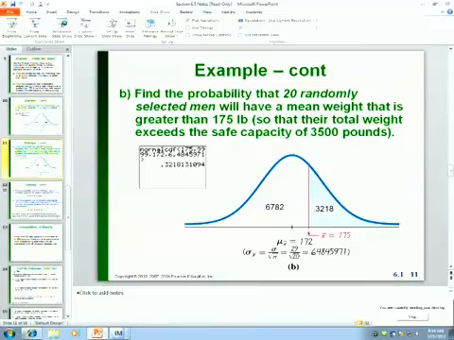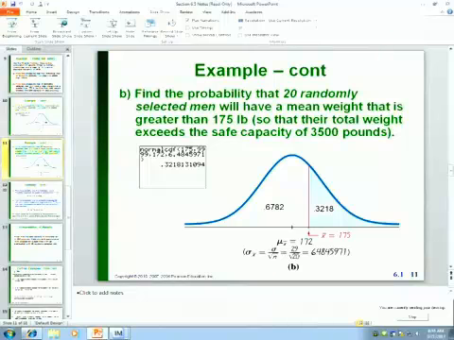9,999. I still say the mean weight of men is 172, but I don't have the same standard deviation right there. The standard deviation in the previous slide was given to me as, what was it, 29? Yeah, 29. I don't have 29 right here because I'm not talking about the mean for an individual.